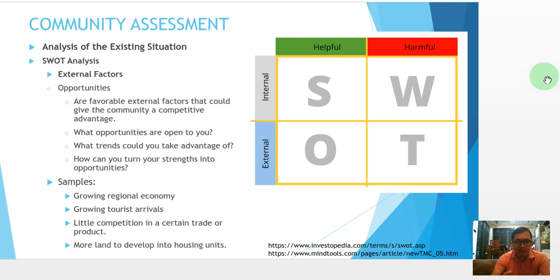The examples are the growing regional economy, like here in northern Mindanao, which has a really strong economy, the growing tourist arrivals, little competition in certain trades or products, and more land to develop into housing units. So imagine, class, if we train them how to use power tools, how to mix cement.